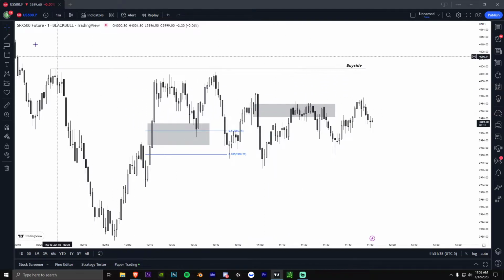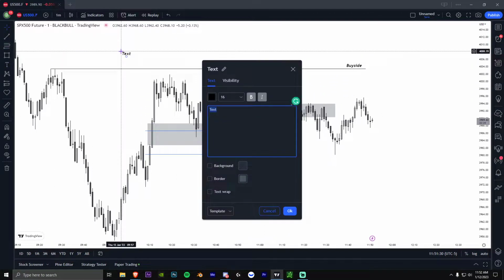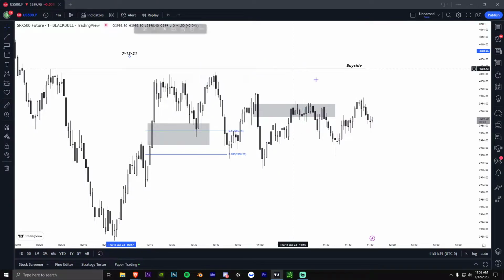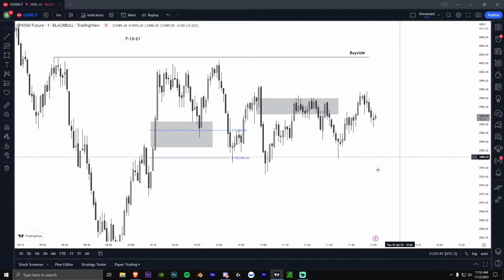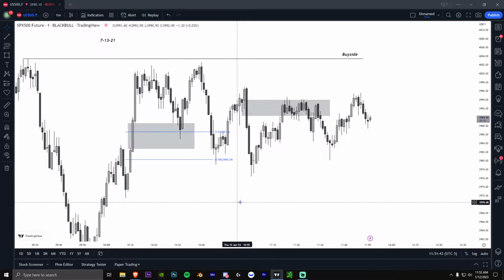With candle counting, there's the Gann theory, which has numbers like 7, 13, and 21 as big ones. You want to start counting these candles from the lows and highs.